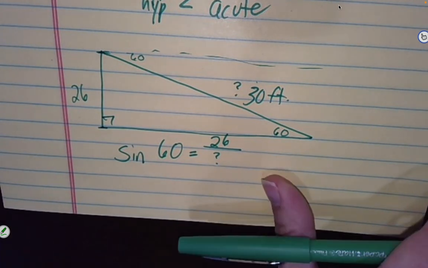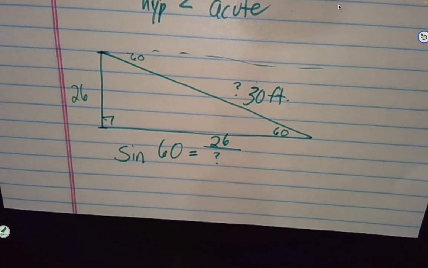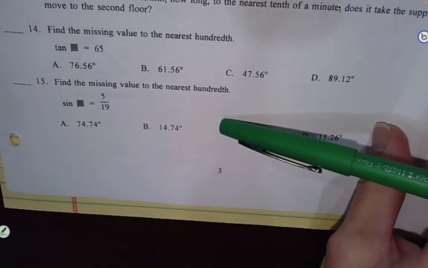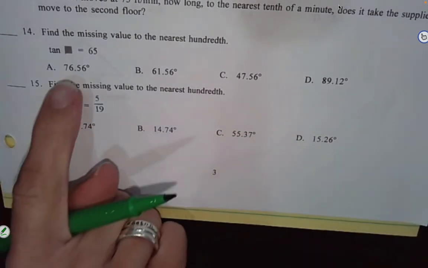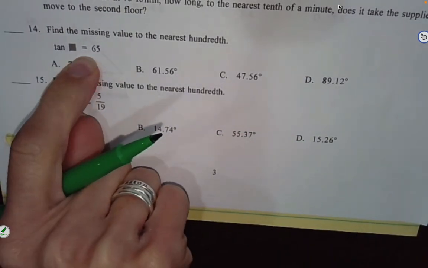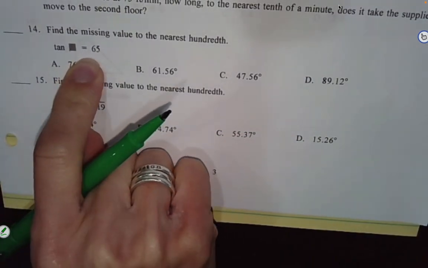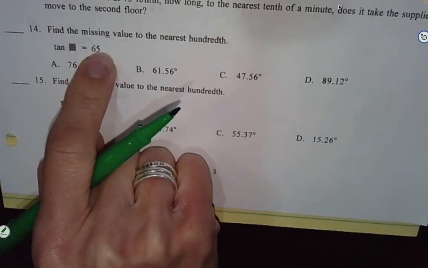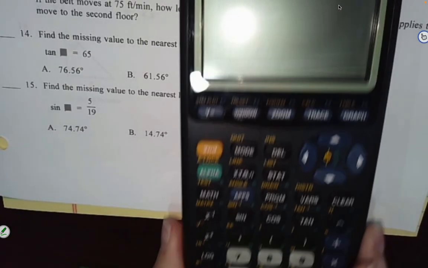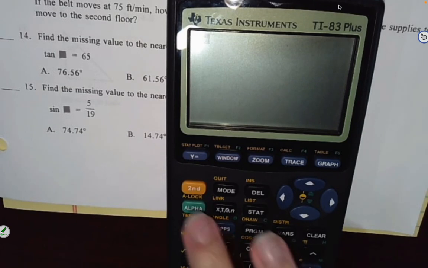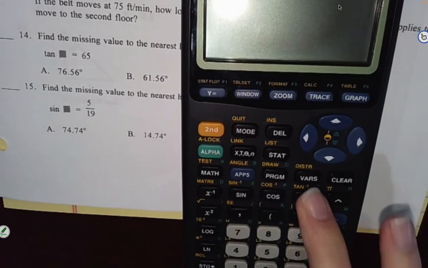Okay. Now, y'all, I think everybody likes the next two problems, right? Those are great. We want like 10 of those on there. It's not going to happen. But how do you find number 14? Well, you do second tangent, 65. If you don't remember what that is, you press the yellow button and then your tangent.